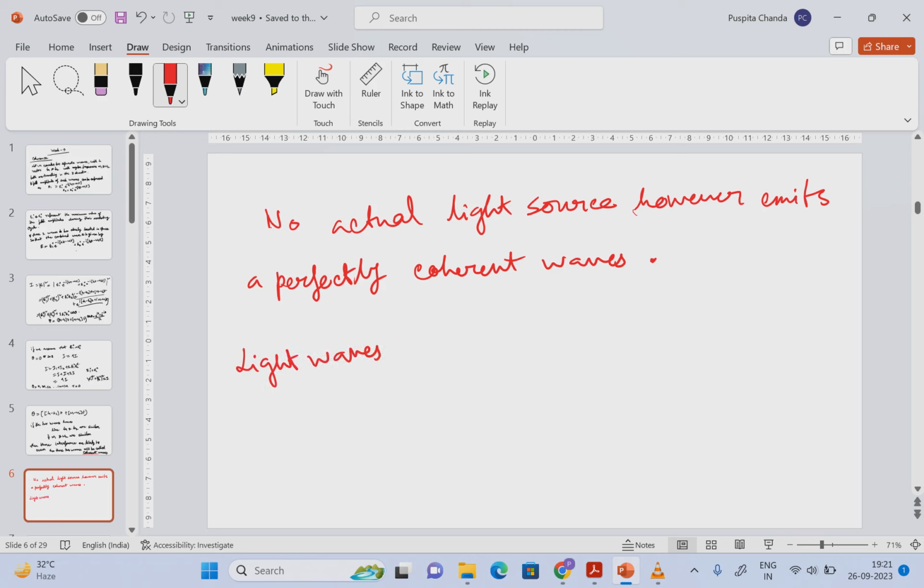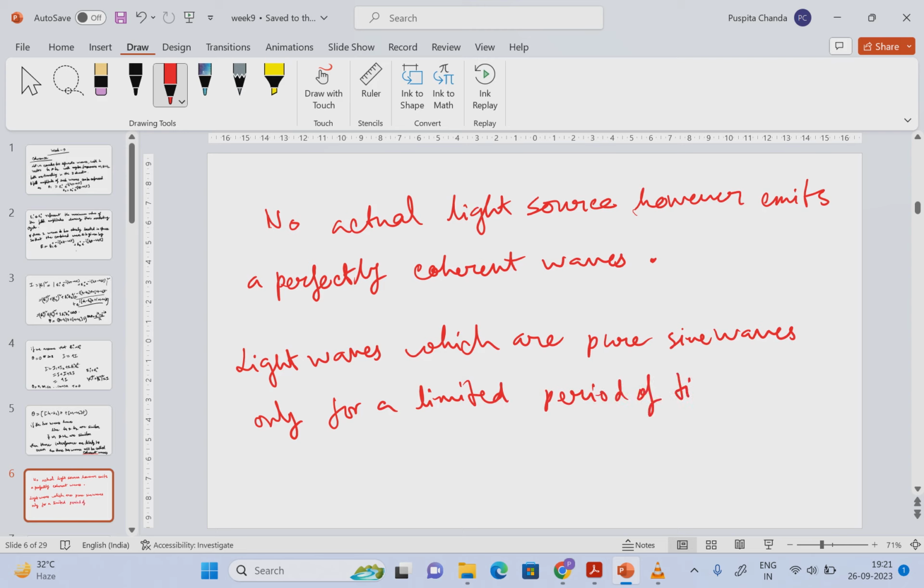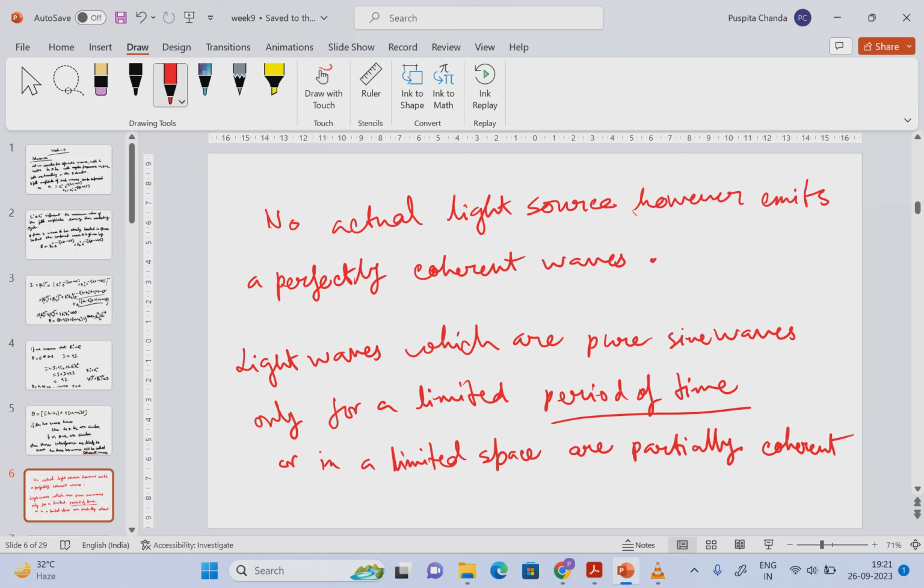Light waves which are pure sine waves only for a limited period of time or in a limited space are partially coherent waves.